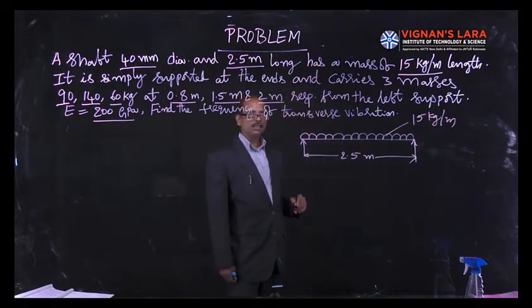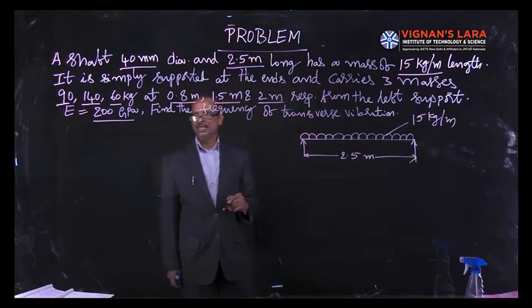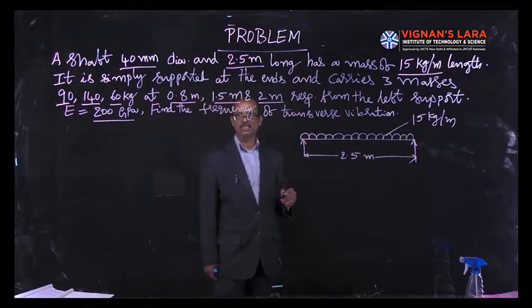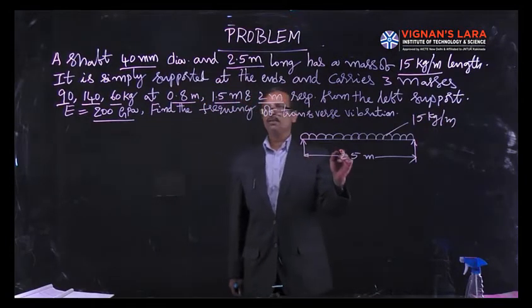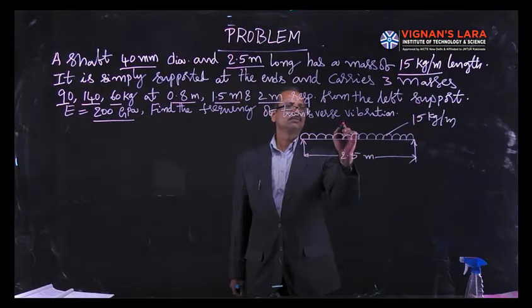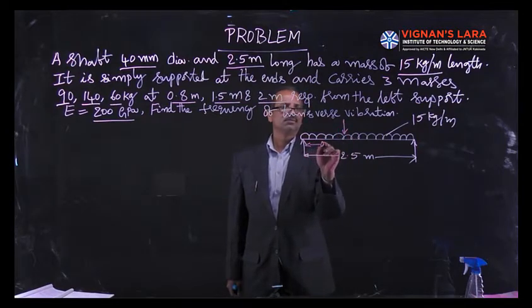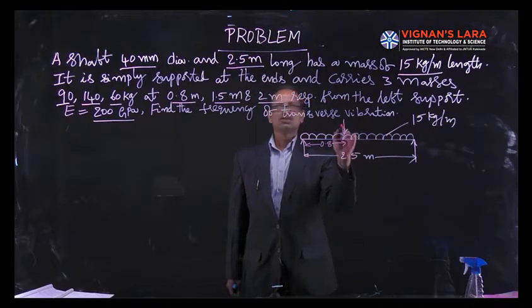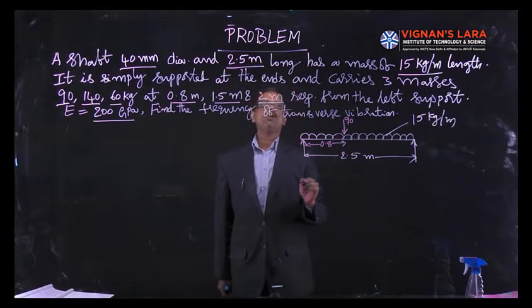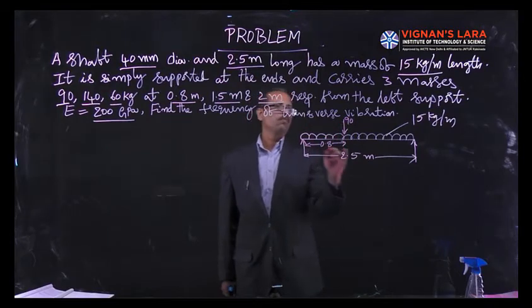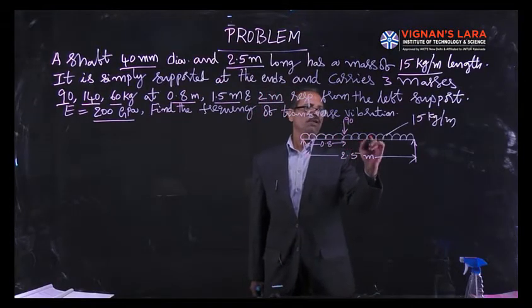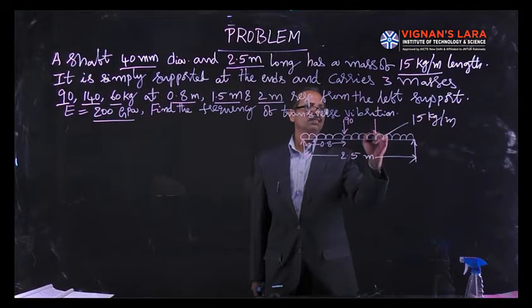Then the point loads are 90, 140, 60. The 90 is at a distance of 0.8 meters. Then 140 is at what distance? 1.5 meters, somewhere like this.